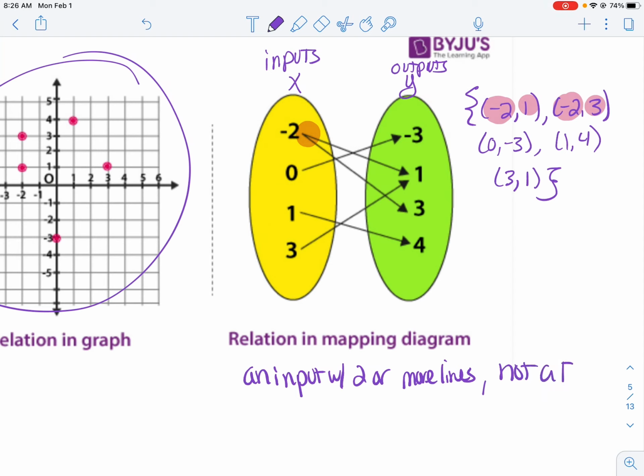It's not a function. So that would be for your mappings, tables, and lists of ordered pairs. Look and see if your inputs get repeated and if they go with a different output.